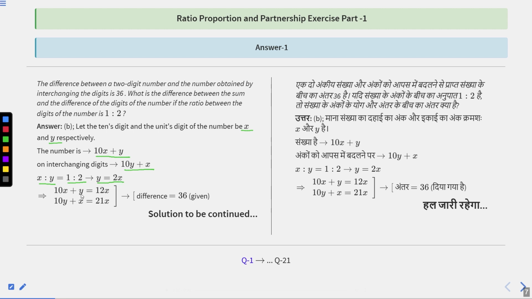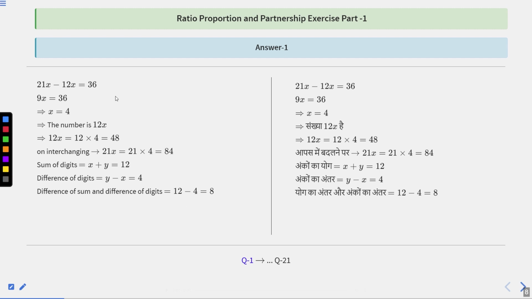So 10x plus y equals 12x, as we put the value y equals 2x. Similarly, when we put y equals 2x in the second expression, we get 21x. And it is given that when we interchange the digits, the difference is 36. So the difference between 21x and 12x is 36. Solution to be continued. Now, the difference between these two numbers is 36.